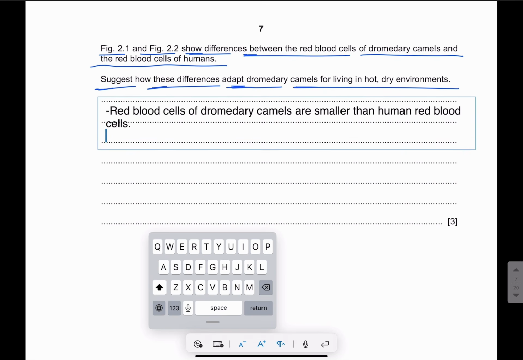You will also say that red blood cells of dromedary camels are elliptical.